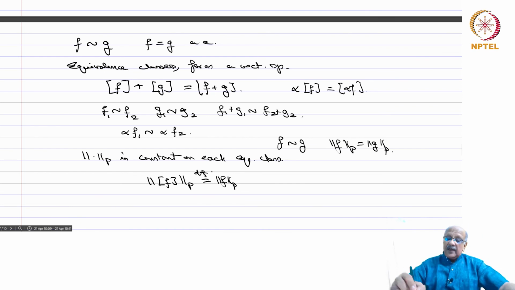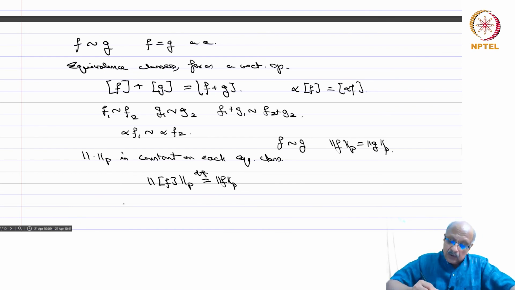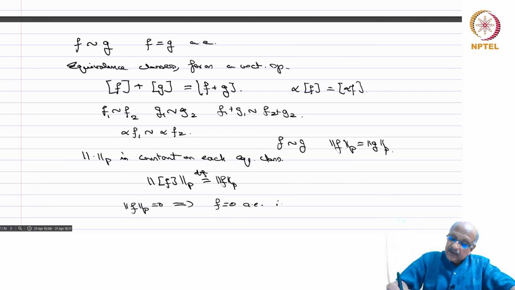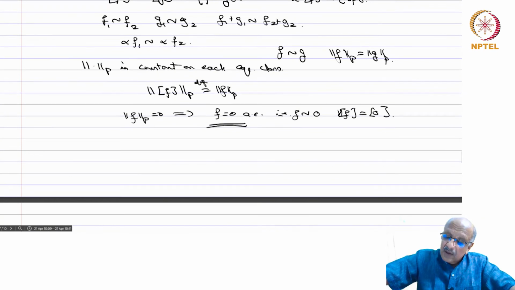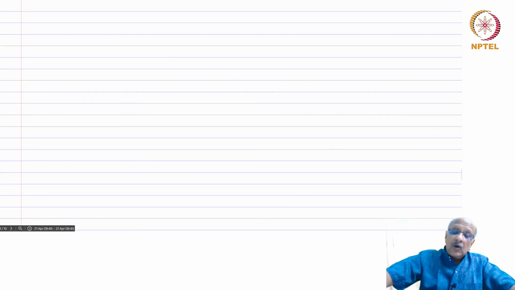This is well defined, and now it is a norm, because if ||f||_p equal to 0, this implies that f equal to 0 almost everywhere, that is f is equivalent to 0, that is the equivalence class of f is the same as the equivalence class of 0. So using these equivalence classes, we will define a normed linear space.